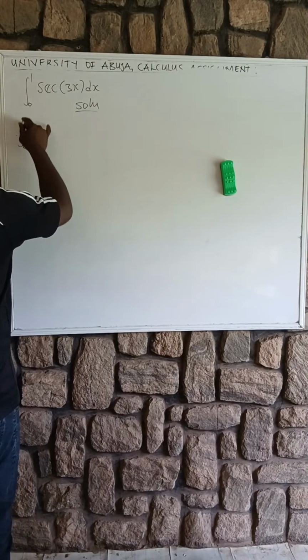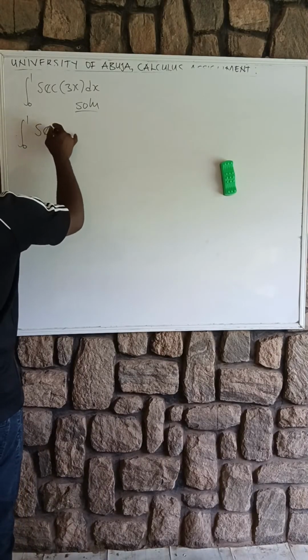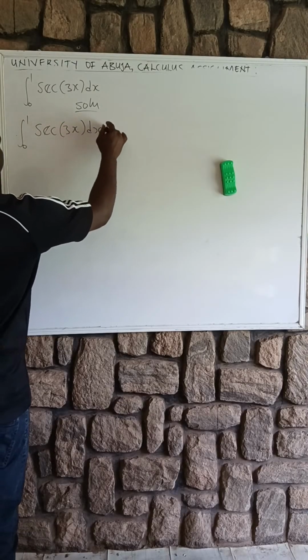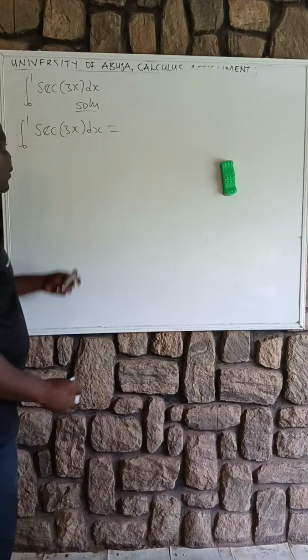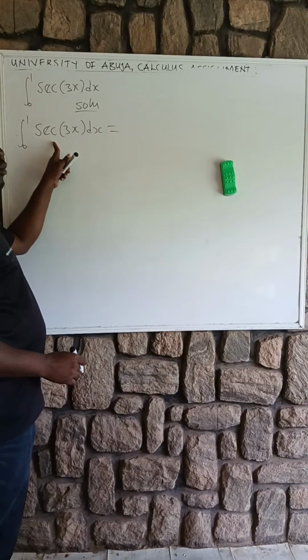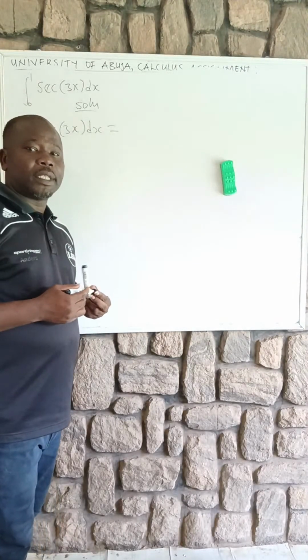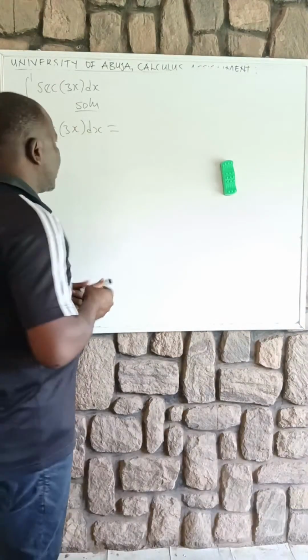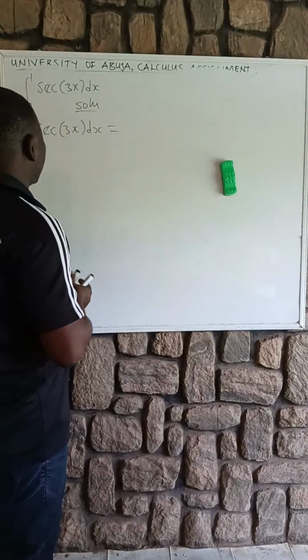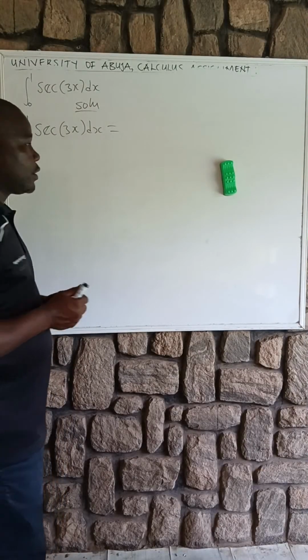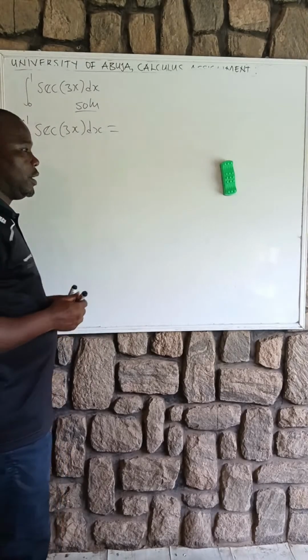Integral from 0 to 1 of sec(3x) dx is equal to, when you integrate sec, you are supposed to have ln of tan x plus sec x, right? There's a constant, but these are definite integrals, so the constant will not be needed.